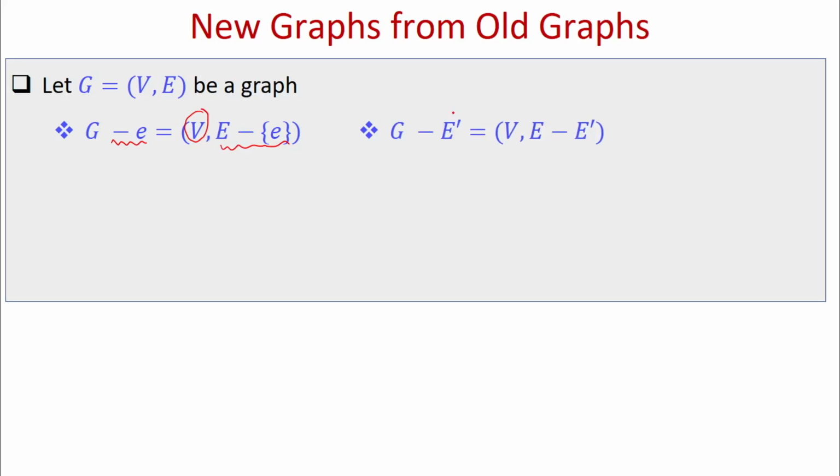Whereas if I am removing a collection of edges, even in that case, my vertex set remains intact. It's only the edge set which gets affected. That means my new edge set will be the difference of the old edge set and the edge set E prime, which I am deleting from the graph. So it's like saying the following.